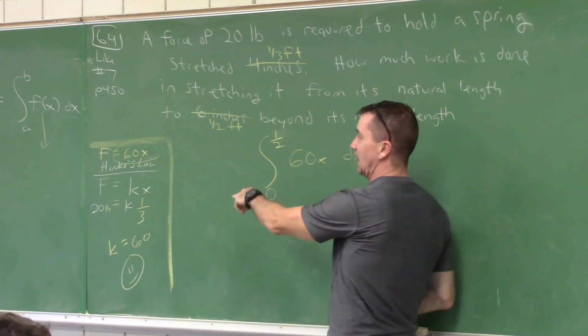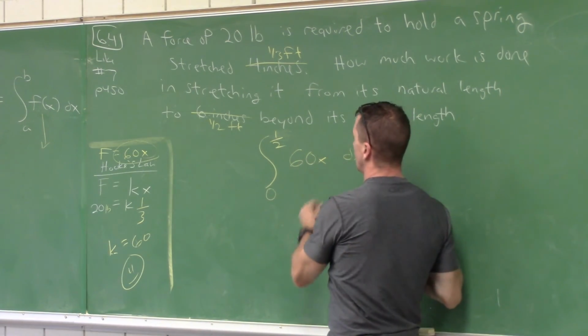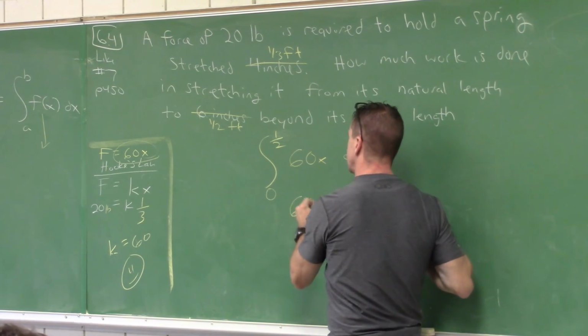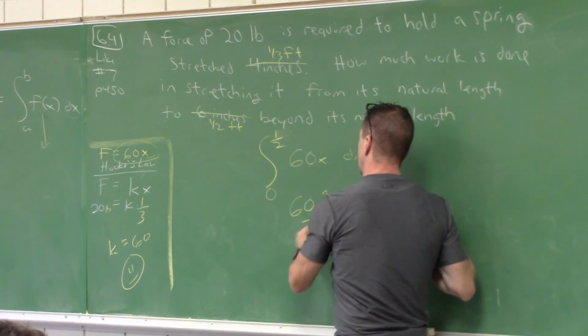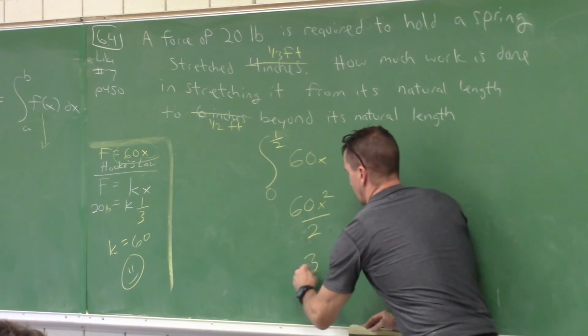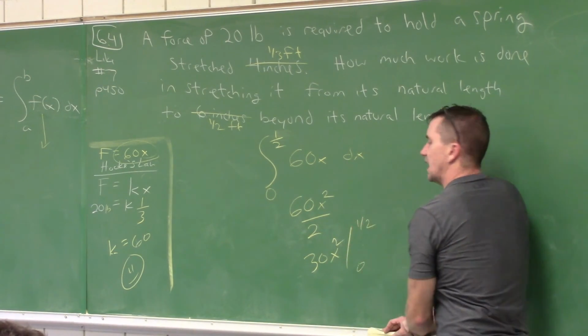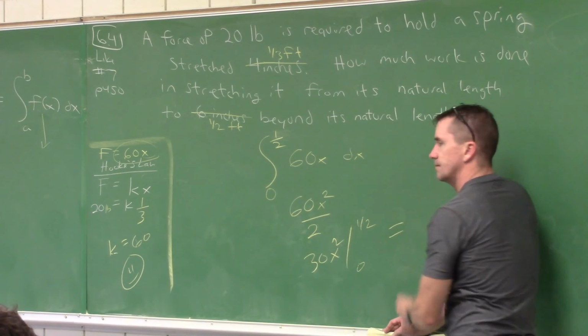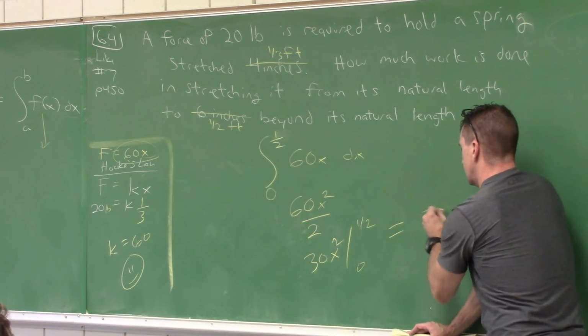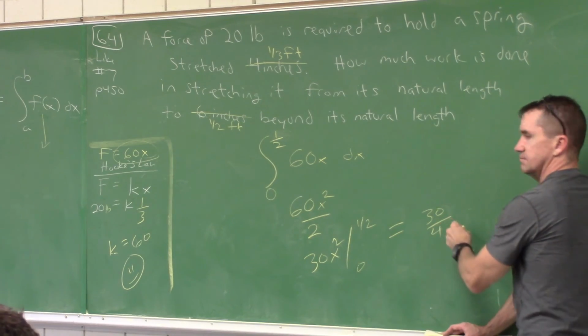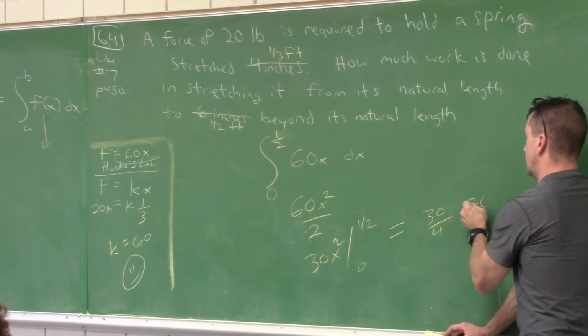So once we did that, we're almost done. Now we'll integrate this. What's the integral of 60x? x squared over 2, or 30x squared, I heard it. What are the limits? What's a half squared? A fourth? In my units, you can reduce this if you want to.